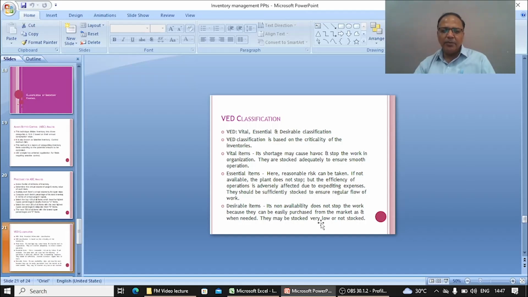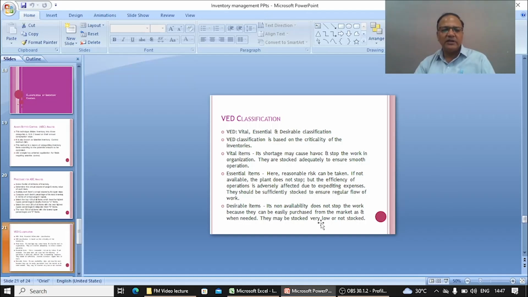They will be stopped. So the presence of these types of items is very much required. Number two is essential items. Here reasonable risk can be taken.